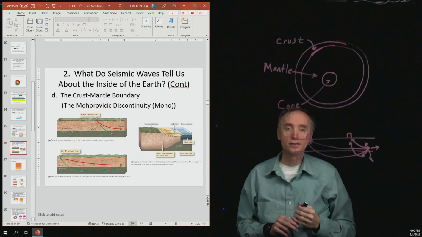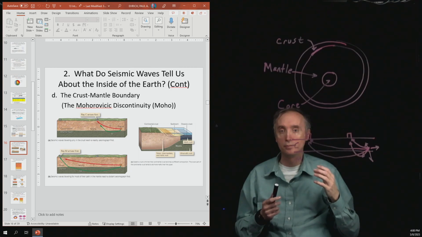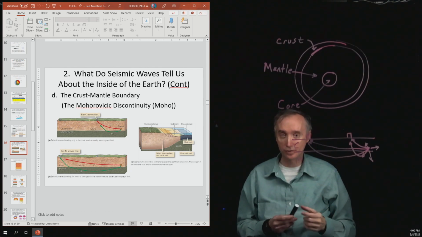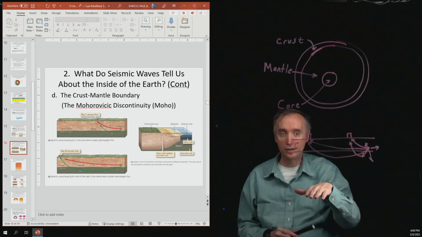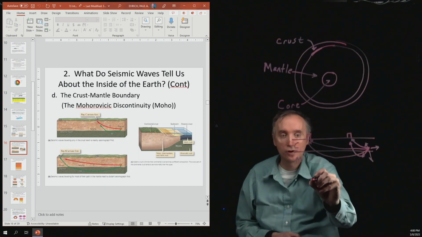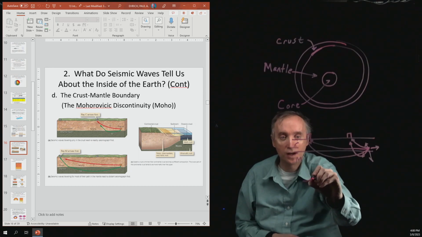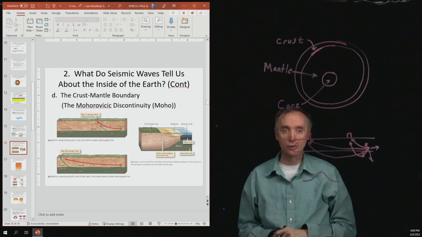Okay, another important thing about the boundary between the crust and the mantle is that the Moho is going to be deeper underneath the continents than it is under the oceans. So if we were to draw a picture of this, let's say that this is continental lithosphere, and let's say that that's a mountain.